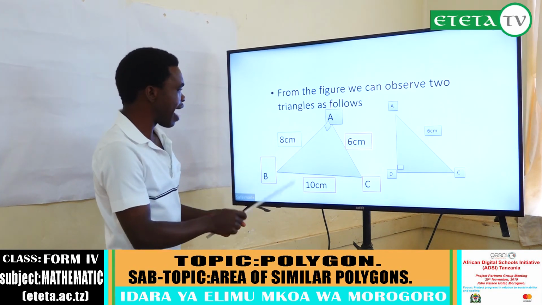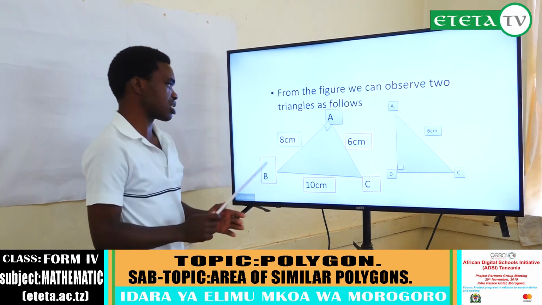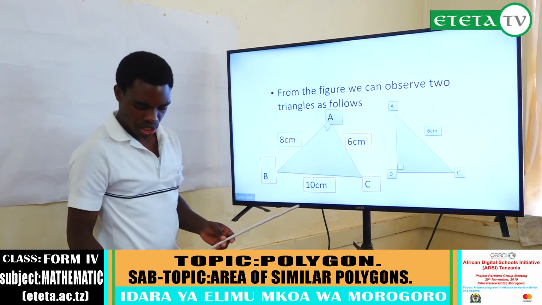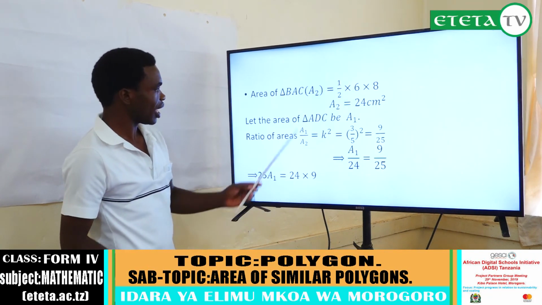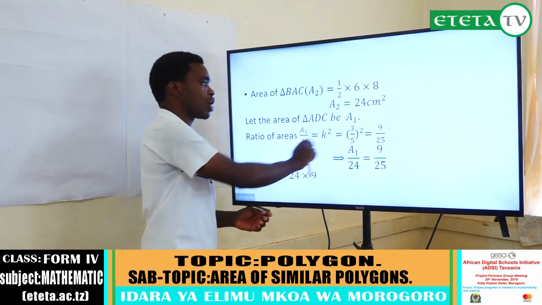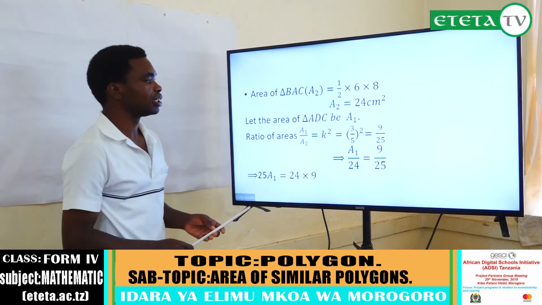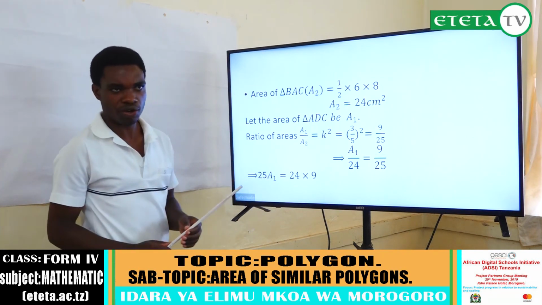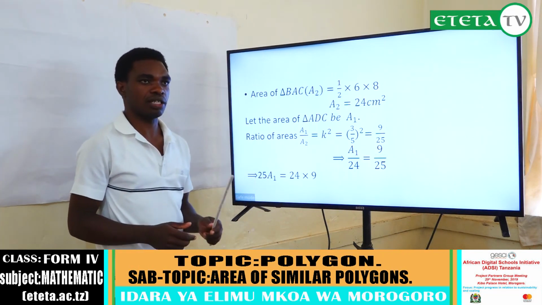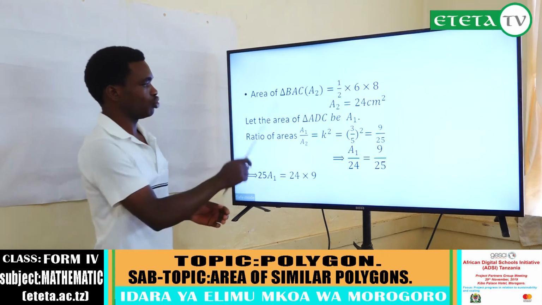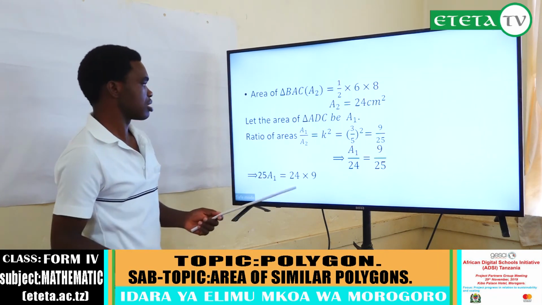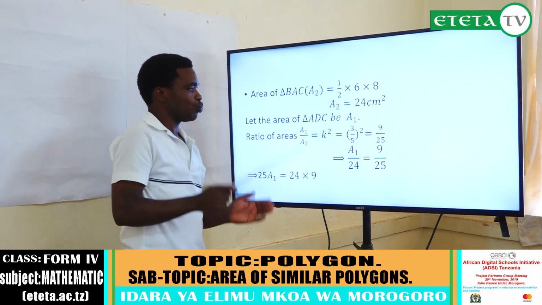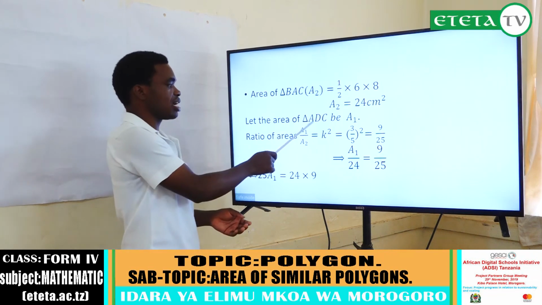Therefore, it is a half times 6 times 8, since the area of a triangle is a half times base times height. Working on this you get 24 centimeter square, because it is the area, and the units for area must be square units.